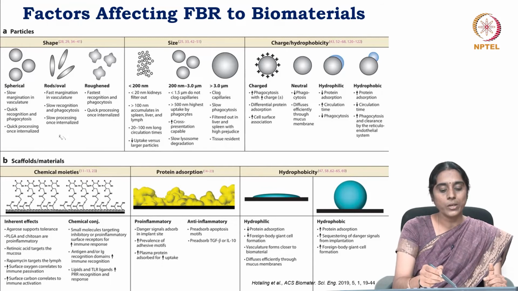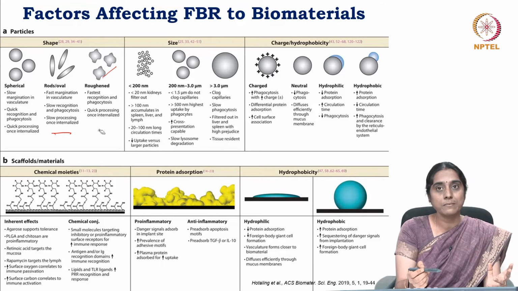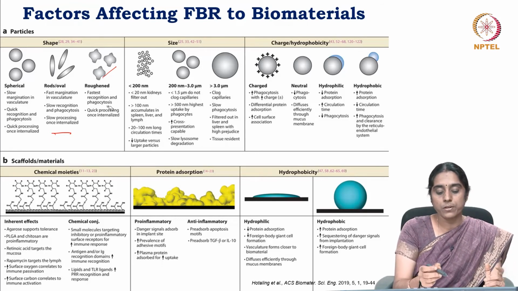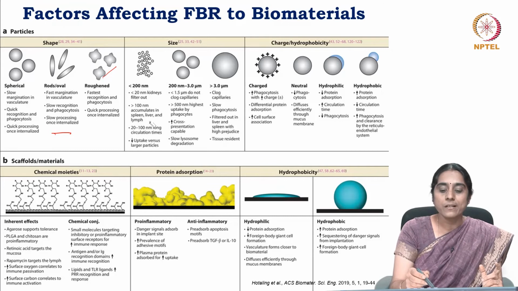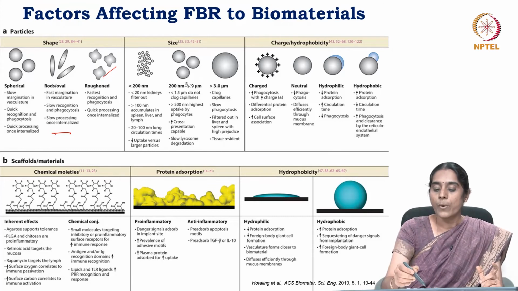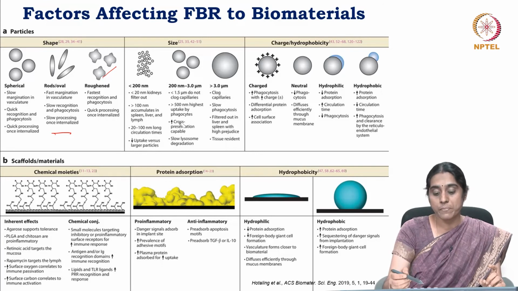Rod and oval shapes have fast margination in vasculature, but are processed slowly once internalized. A rough shape will cause fast recognition by the phagocytes and phagocytosis is initiated. Likewise, size also has an influence. Particles less than 200 nanometers are easily filtered out and accumulate in the liver, spleen, lymph, etc. Whereas particle sizes between 200 nanometers and 3 microns are clogged in the capillaries, then cross-presented.